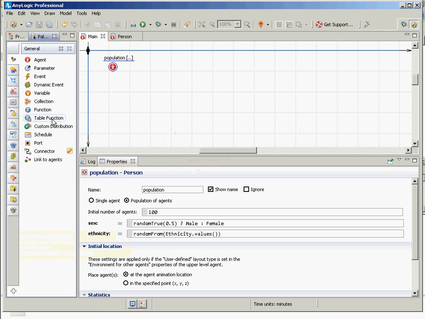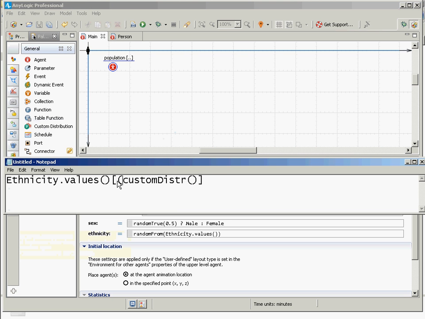AnyLogic allows you to define custom distributions, which basically allow you to specify, I want the value to be drawn with this probability, it's Caucasian, with this probability, it's Asian, with this probability, it's African American, with this probability, it's Hispanic, or something like that. It'll be something along these lines. You might need an int here for technical reasons, but I'd have to double check that.